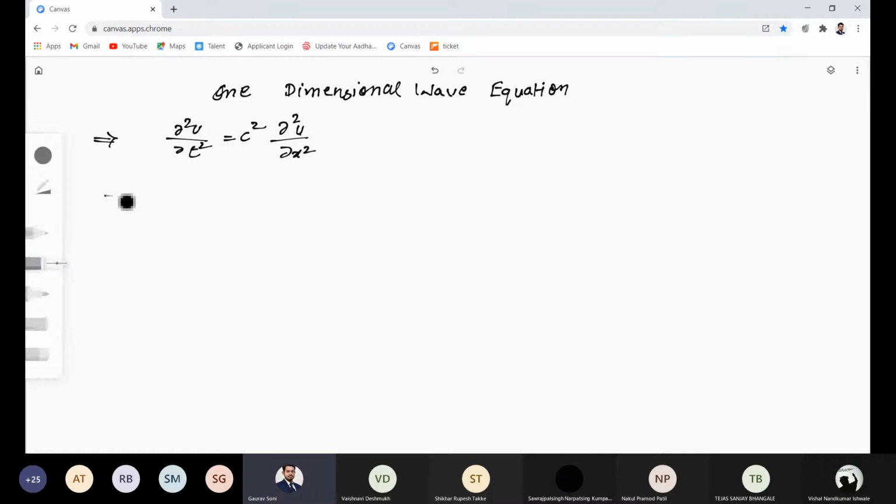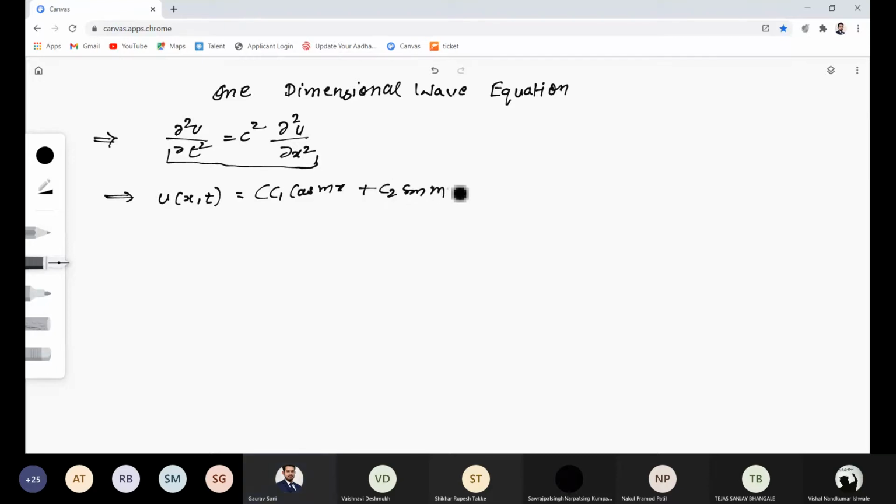The most general solution for this partial differential equation is (C1 cos mx + C2 sin mx)(C3 cos cmt + C4 sin cmt).